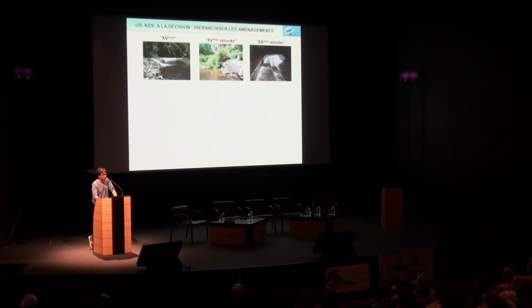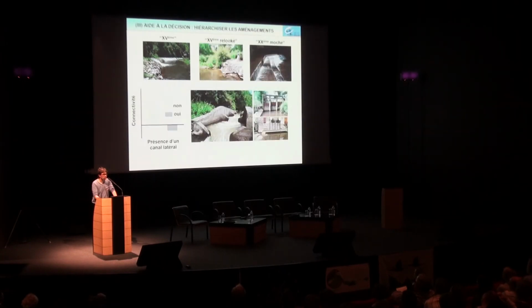So with the sampling, we had 50 obstacles more or less with different shapes. So old obstacles which were remodeled, and more recent weirs in concrete. We realized that it was not this kind of characteristics that could explain the fact that the fish were crossing or not.